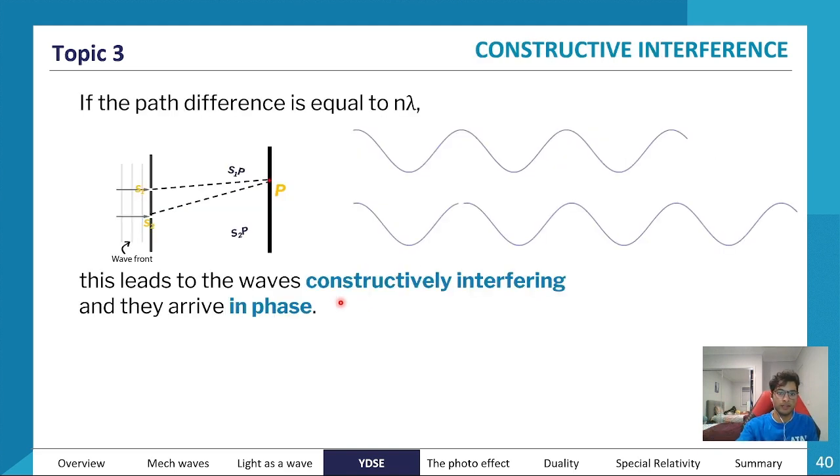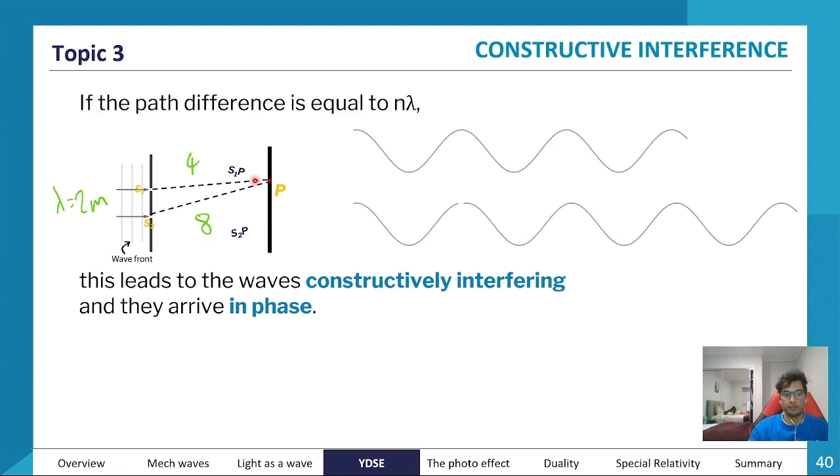But let's see what happens in a different scenario. Again, let's say the wavelength is 2 meters. This is our S2 wave, and this is our S1 wave. Let's say S2 travels 8 meters and S1 travels 4 meters.